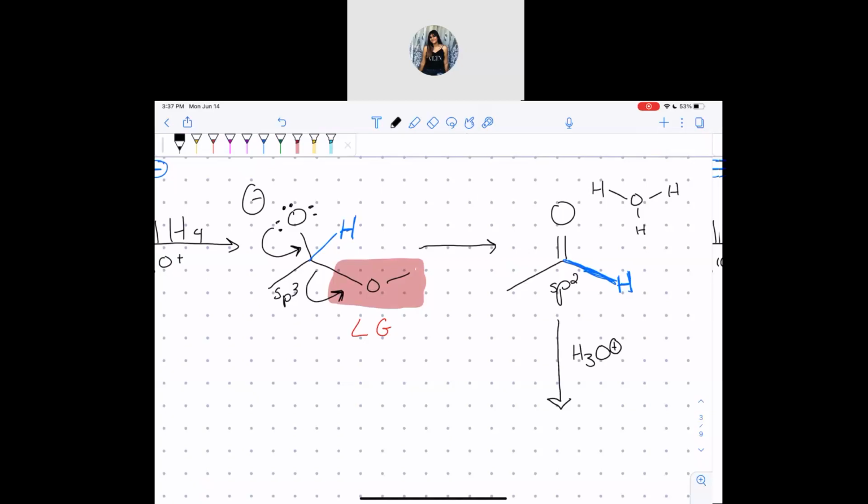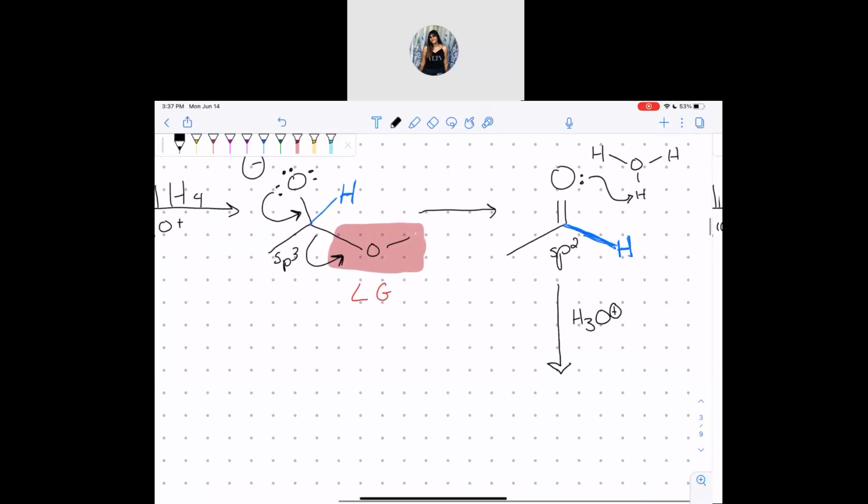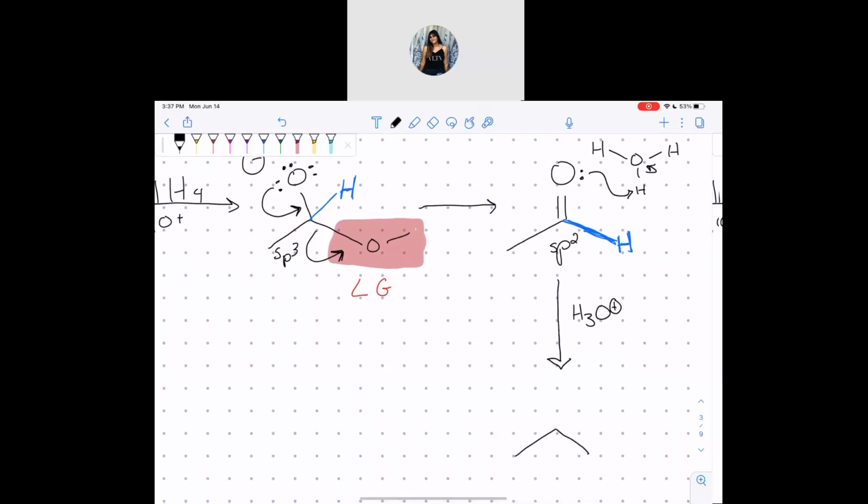And let's say we steal it, we break that bond, and now we have protonated this guy. So when we talked about that little note, we said that being positively charged can make it a what or a what?